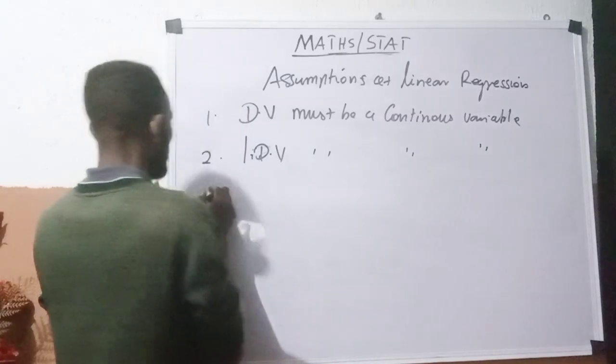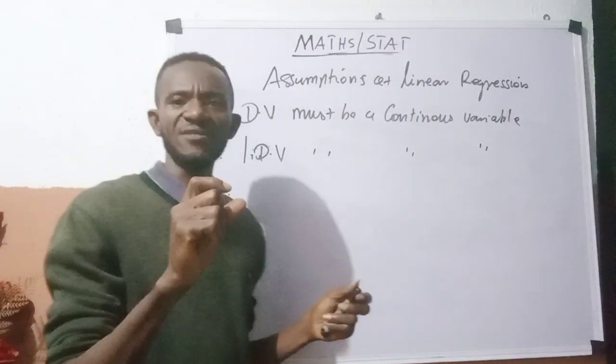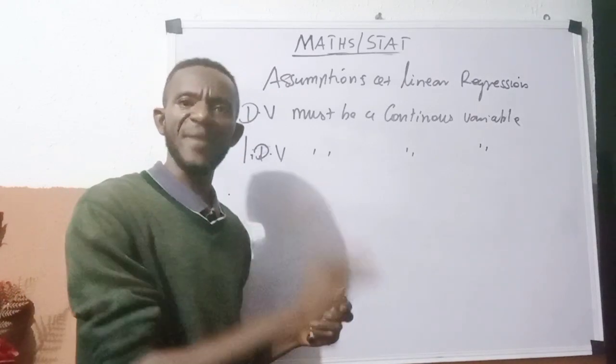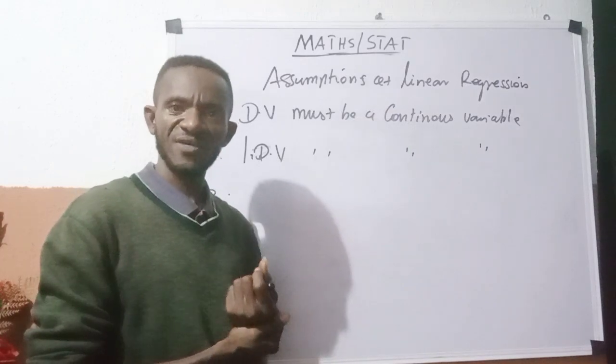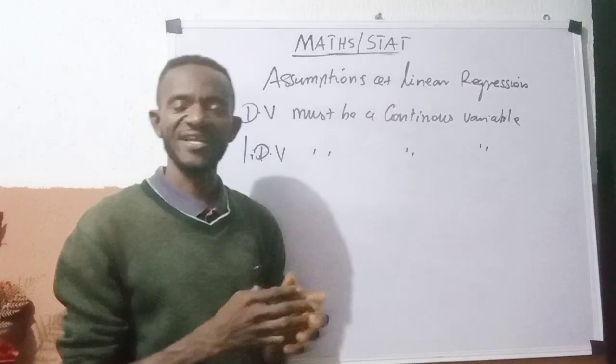Then the third assumption says that there must be a linear relationship between the dependent variable and the independent variable. There must be a linear relationship because we are discussing linear regression.